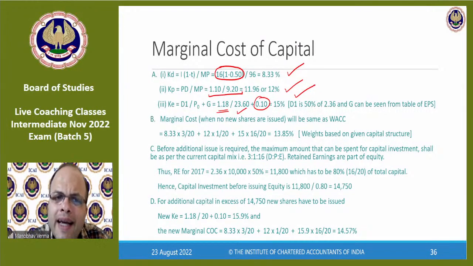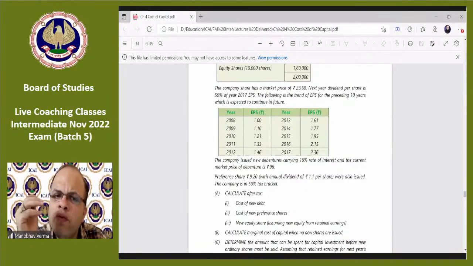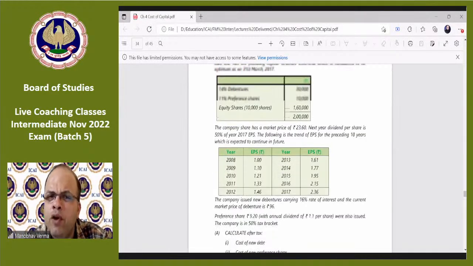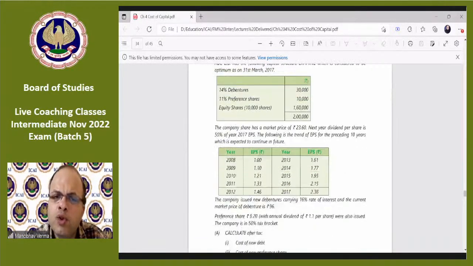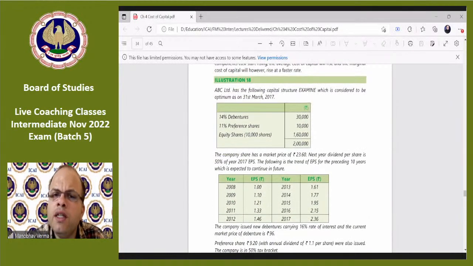Now, the next part of the question was that we have to calculate the marginal cost of capital when no new shares are issued. Didn't I tell you when there are no new shares issued, you're talking about the same average cost of capital. So you have to just calculate the marginal cost of capital as such. Option B is pretty straightforward. We know the proportions for the capital structure base: 30, 10, and 160.